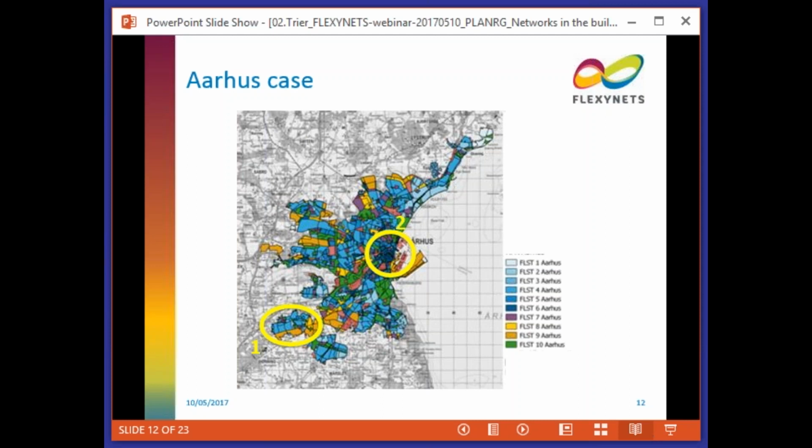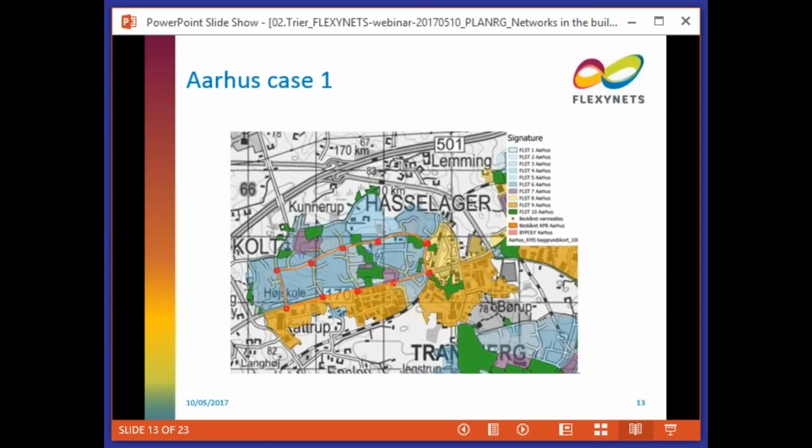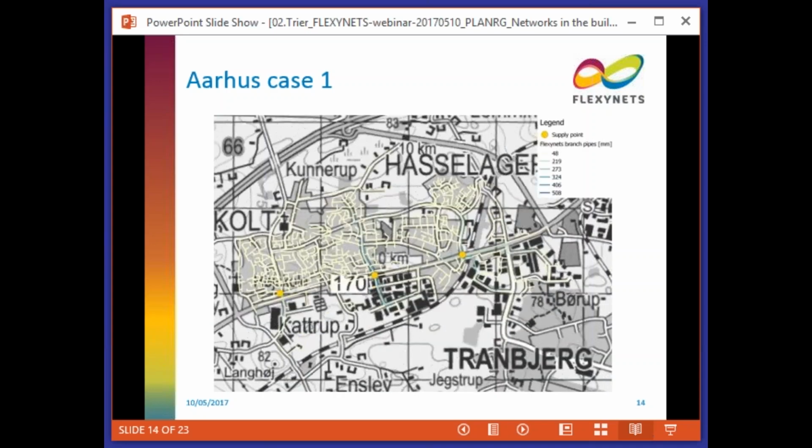So the first case in the Aarhus one is the lower left one in the southwestern part, where we applied a ring structure to make it possible to reach every consumer in this area.